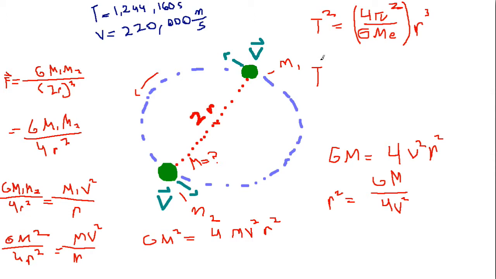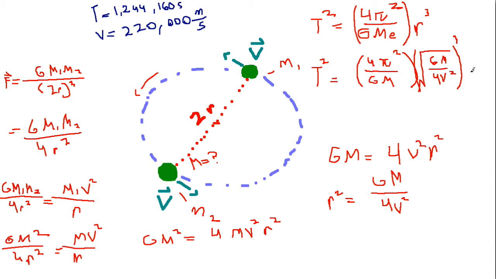T squared is going to be equal to 4 pi squared over G m times the square root of G m over 4 v squared, cubed, or really G m over 4 v squared to the 3/2.